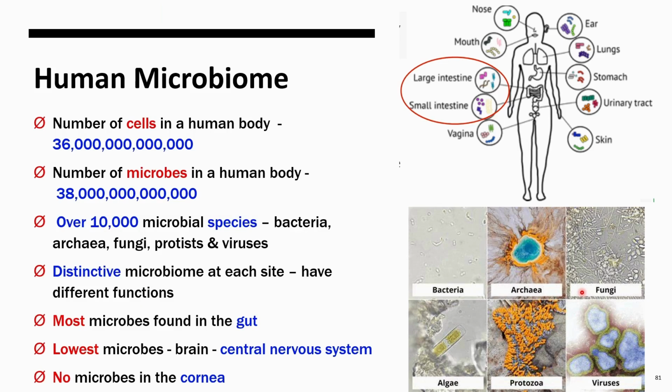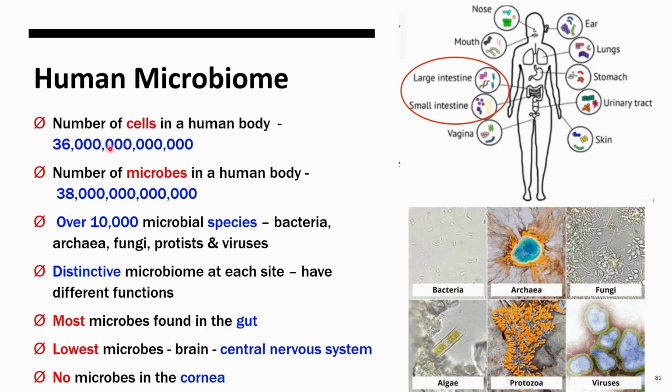So what is human microbiome? We earlier learned that the cell is the basic building block of life. How many cells are in the human body? There are around 36 trillion cells in your body. And there are around 38 trillion microbes in your body.